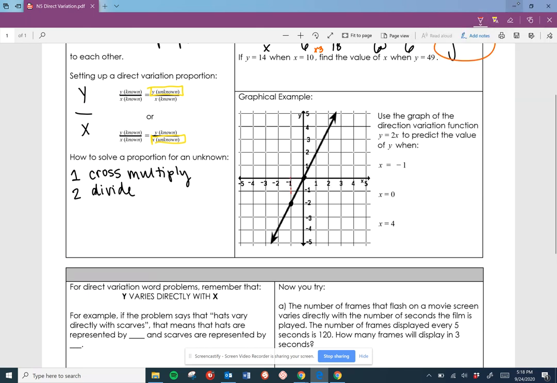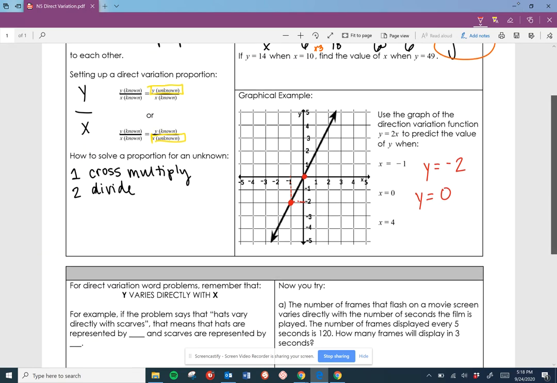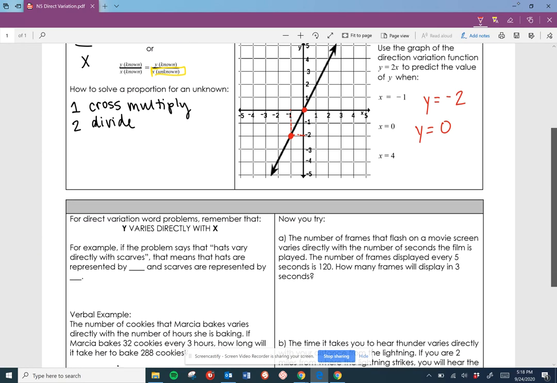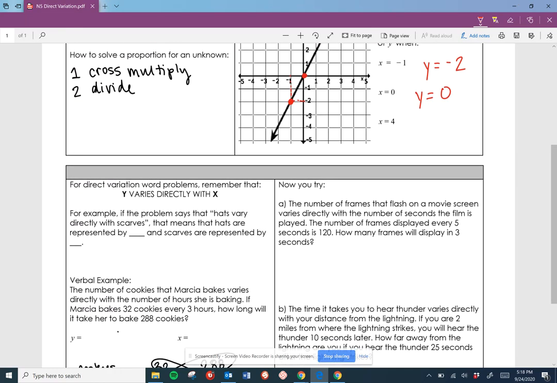When x is negative 1, y equals negative 2, okay? When x is 0, y is 0. All proportional graphs go through the origin. You probably remember that from your younger grades, 6th and 7th, but all graphs that are proportional go through the origin, which is 0, 0 right there, where the two axes intersect, okay?